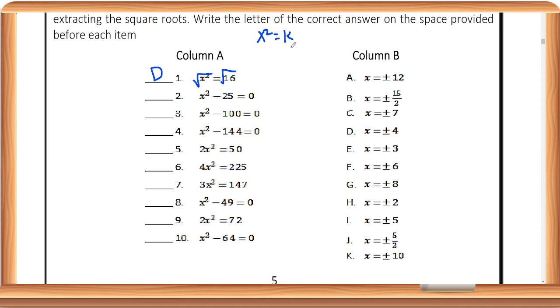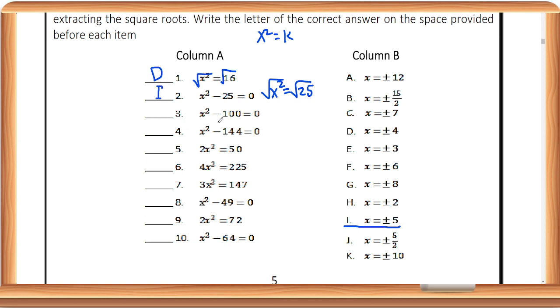Palaging yung number nandito sa kabilang side at matitira lang dito x squared. So, magiging x squared is equal to 25 to. No? So, that's why we have to look for the square root of 25. So, ano ba yung square root ng 25? A perfect square naman ng 25. So, obviously, it is 5. Where is the 5 here? So, this one, I. No? Positive and negative 5. So, we have I.